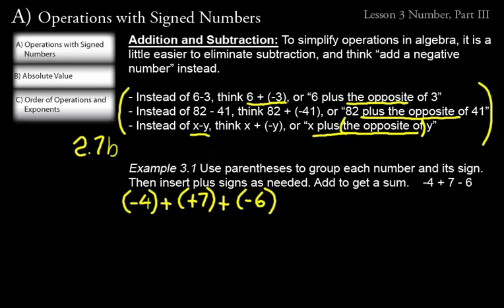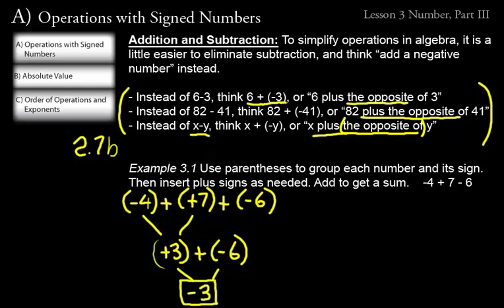It's always a good idea to add in pairs. So we'll just go 2 at a time here. So we have a negative 4 and that 7. Let's add those together, and that would give us a positive 3, and then plus that negative 6. And so then just adding those 2 things together, that gets us a negative 3. And so that's our result there.